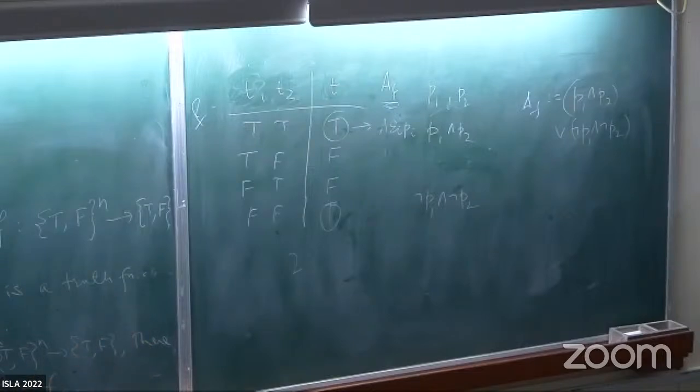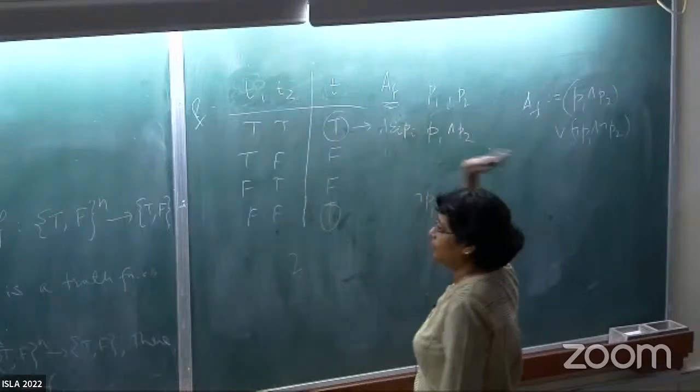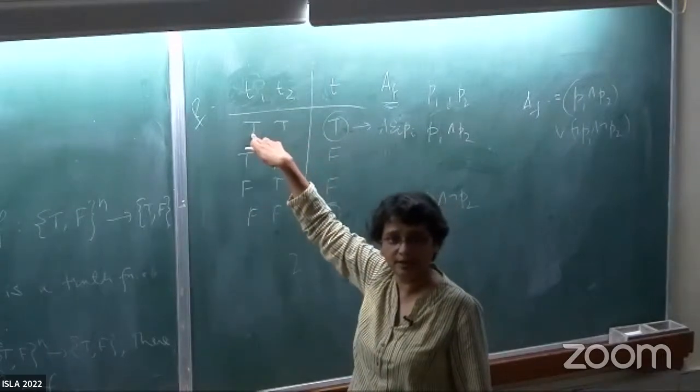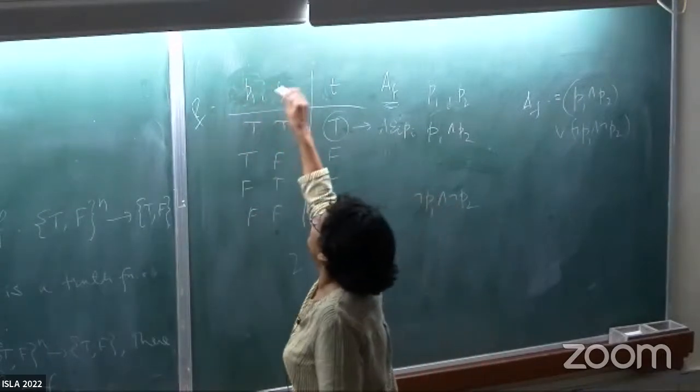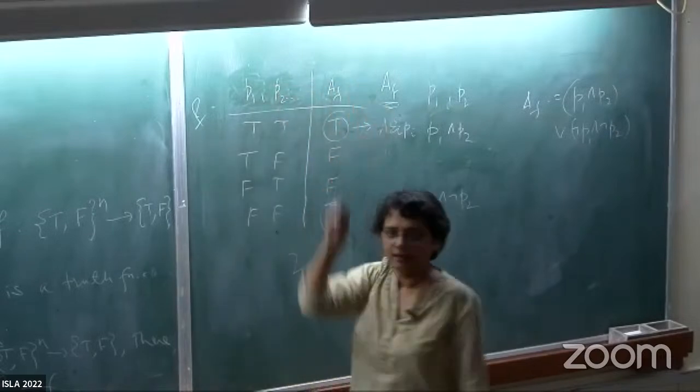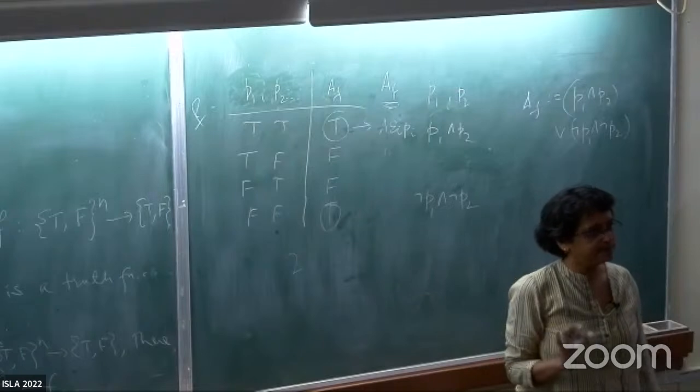All right. So this needs to be proved. Fine. So what we are claiming is that f of AF will be just this, the truth table here. So you will just replace this by P1, P2, and this is your AF. Right. So that's the truth table.